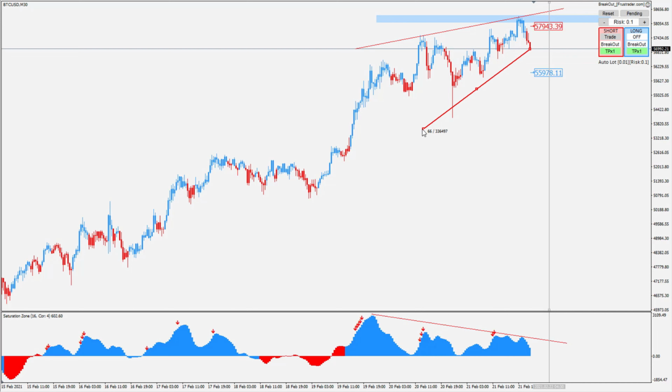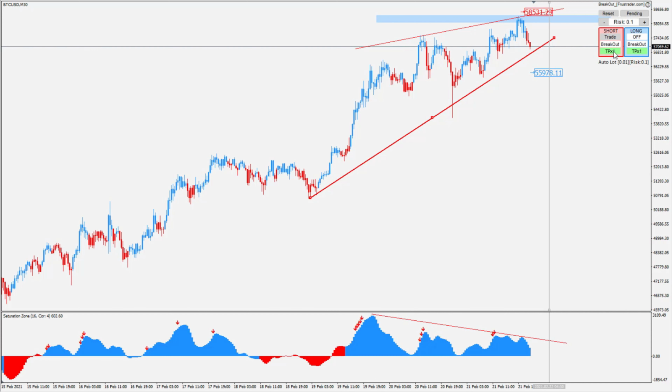Therefore, we will be setting up the EA for a sell opportunity if the price breaks below the sell line. We also set a fixed stop loss and triple take profit setups.